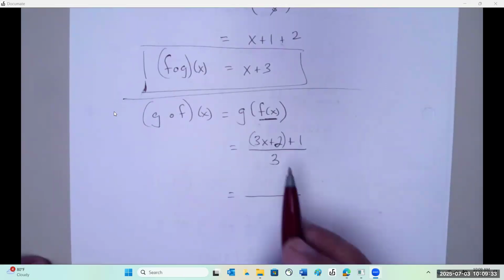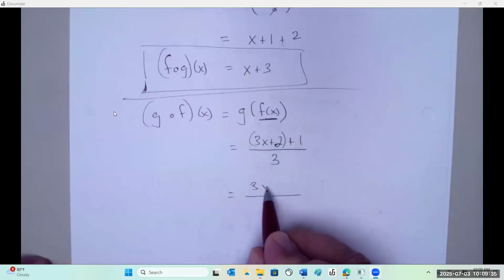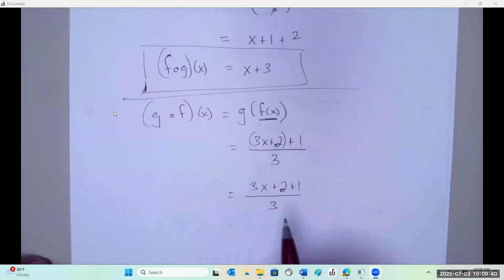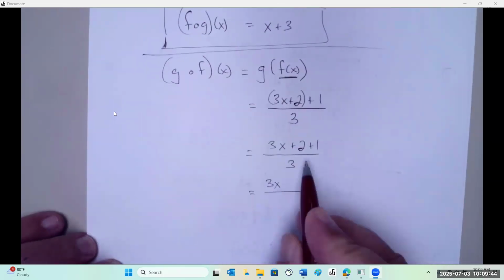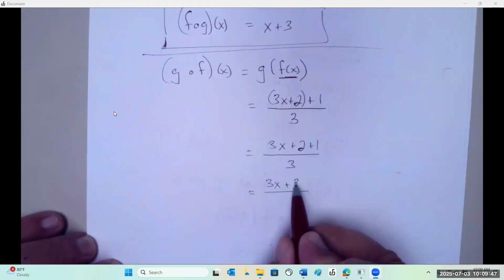And then just simplify. I don't need the parentheses on top. So I have 3x plus 2 plus 1. Combine like terms, 2 plus 1 is 3.